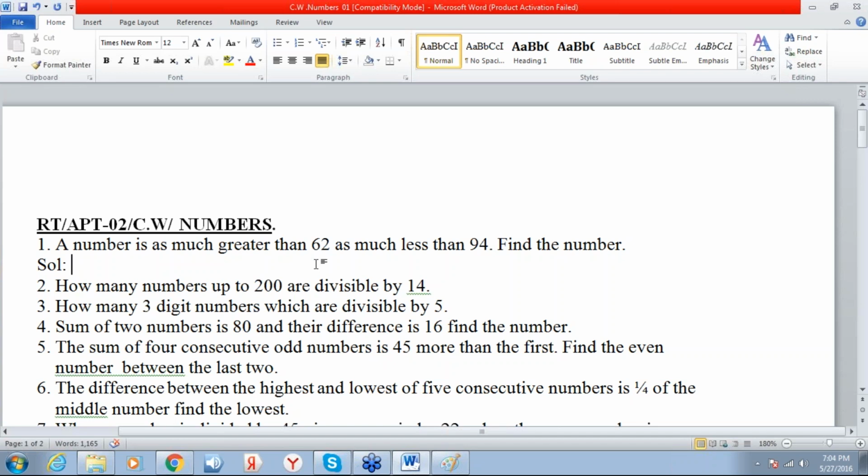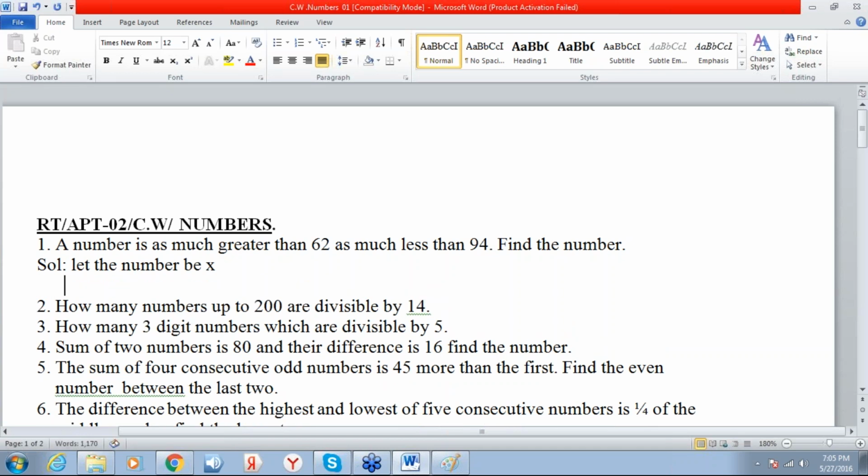For example, let the number be x. According to the question, x minus 62, sorry, x plus 62 is equal to 94 minus x.